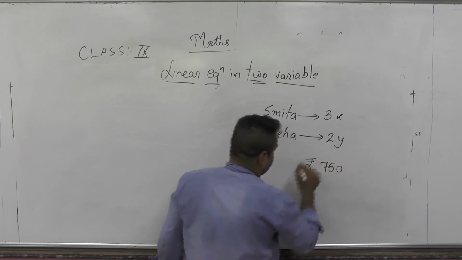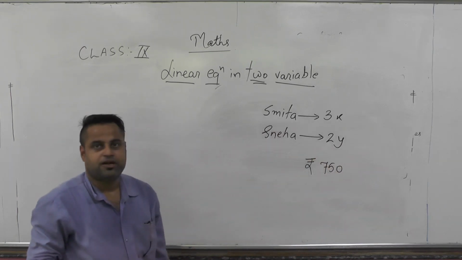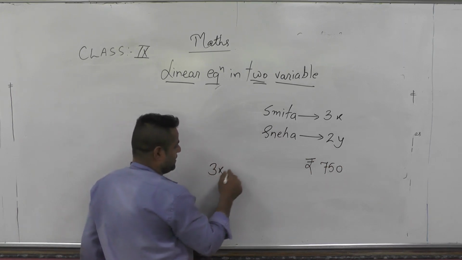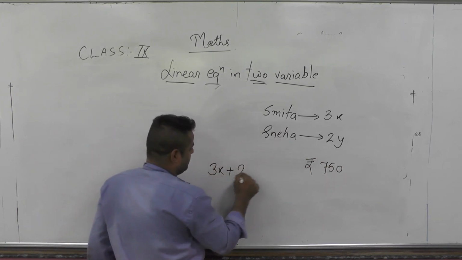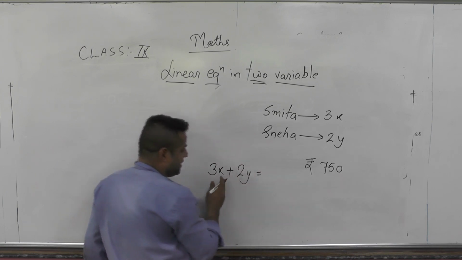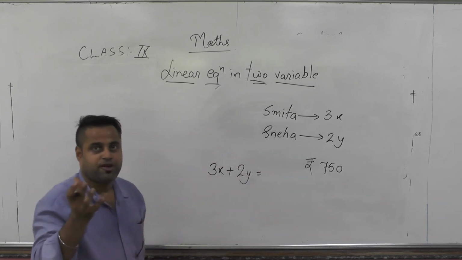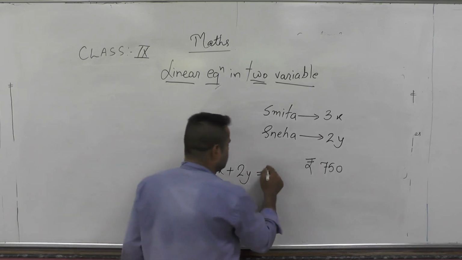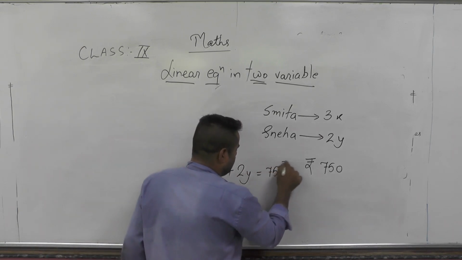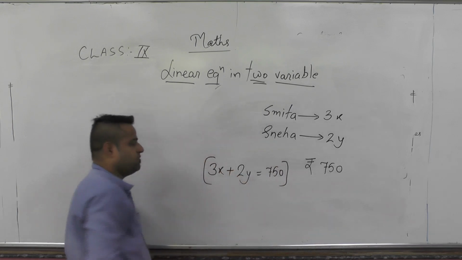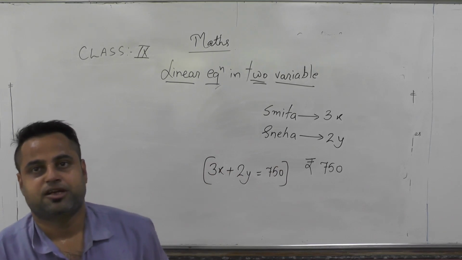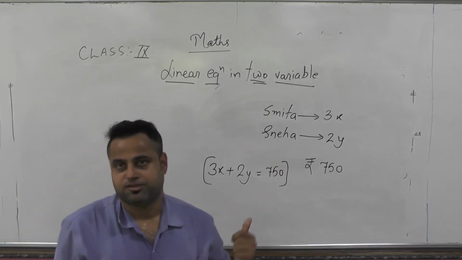So how do we show that with an equation? 3 times x, the value for Smita, and 2 times y, the value for Sneha, because their amounts can vary. That's why we took different variables here. And a total of 750 rupees they have collected. So this will be the form of the equation. It represents a linear equation of two variables.